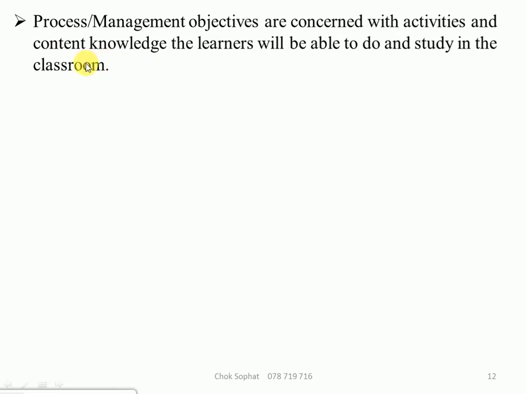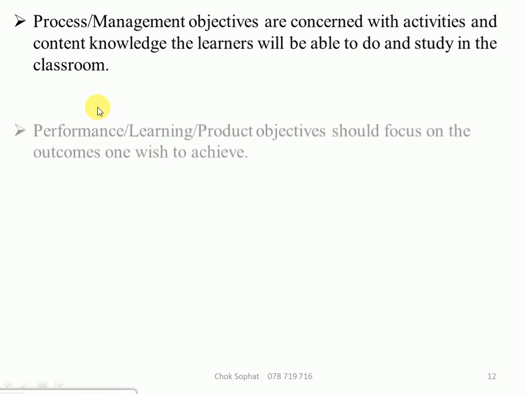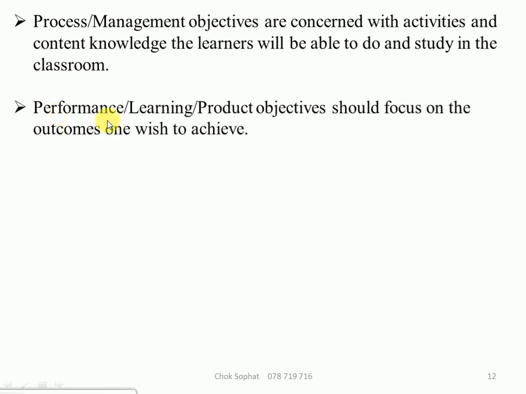What do we want our students to do step by step during the lesson in order to achieve the product objective, we call process objective. Performance, learning or product objective should focus on the outcome one wishes to achieve. See, we focus on the outcome. Product objective focuses on the outcome.